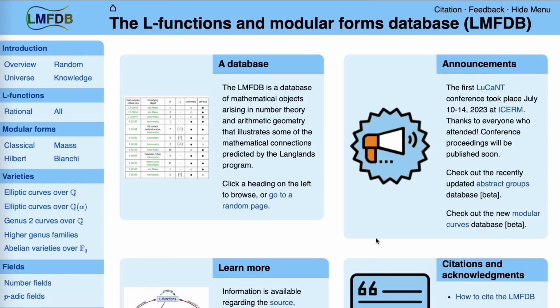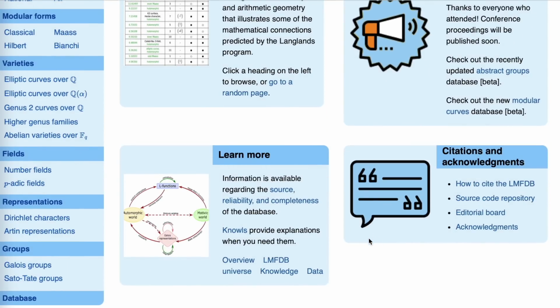The simplest of all families may be the family coming from primitive real Dirichlet characters. This one we can find in the LMFDB as follows. From the front page, we click Dirichlet characters.